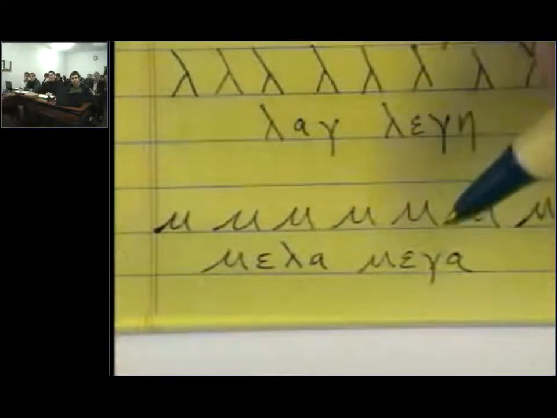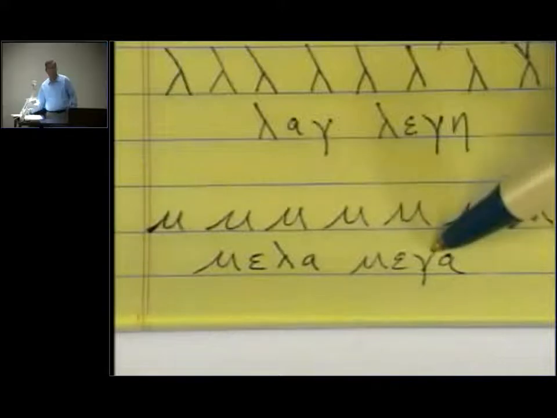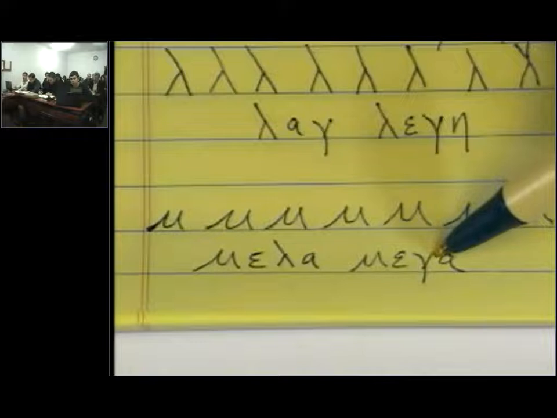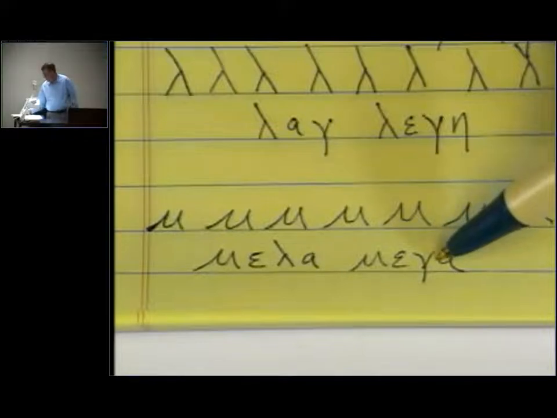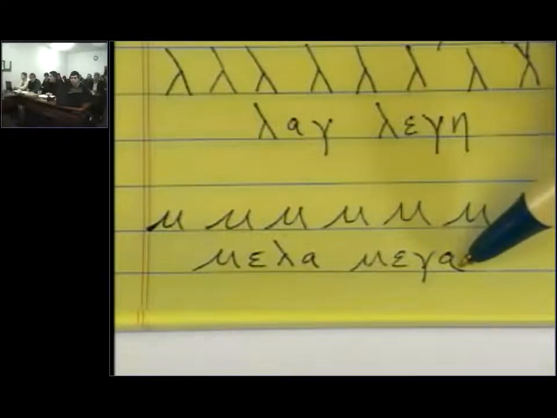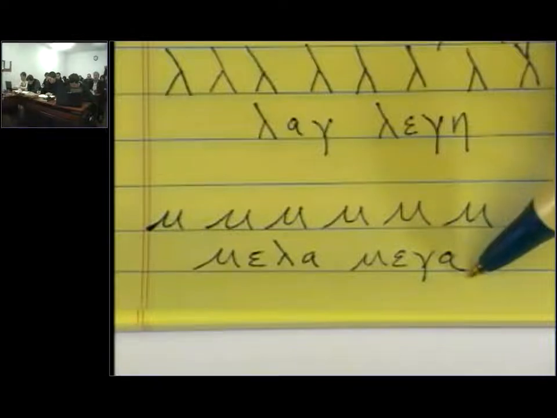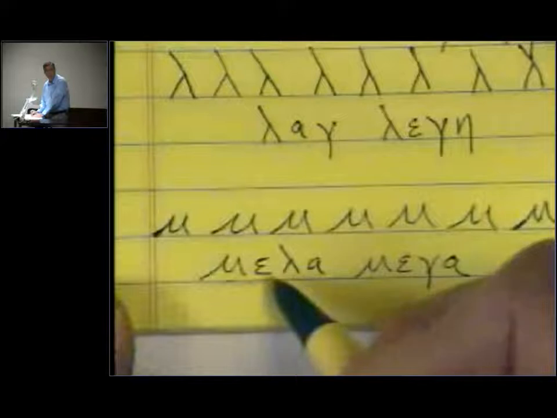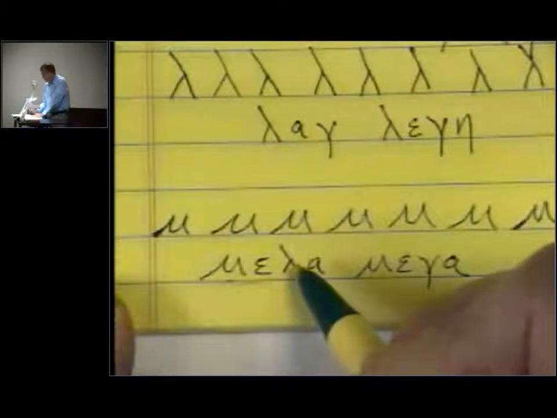Mega. Okay, this word right here is an actual word. Mega means big, large, great. Now this word, we're going to learn one more letter and then we'll make a word out of this too.